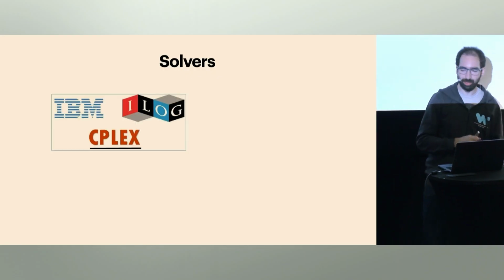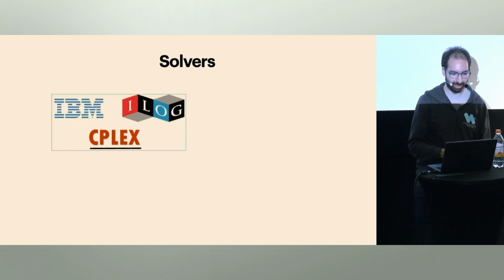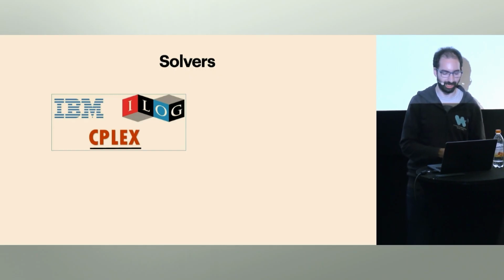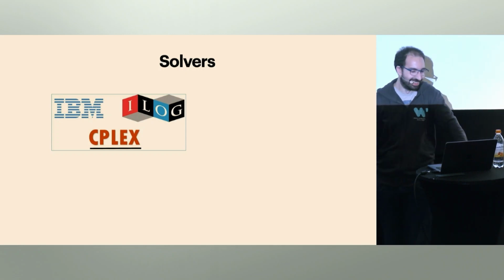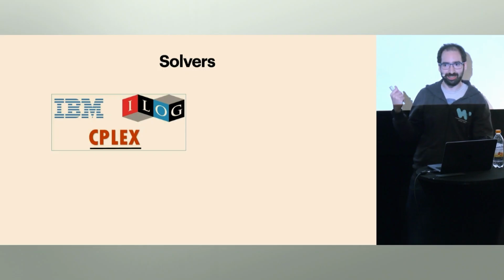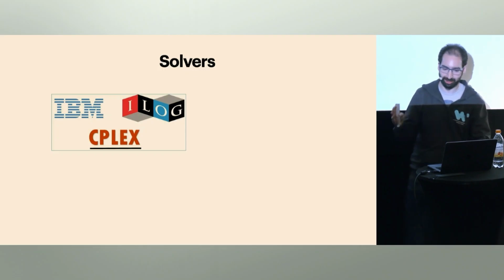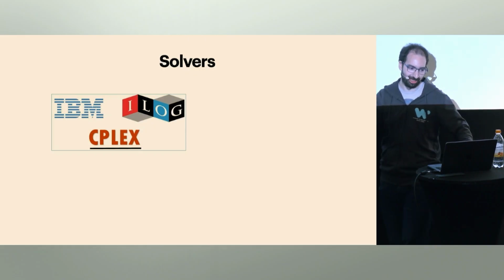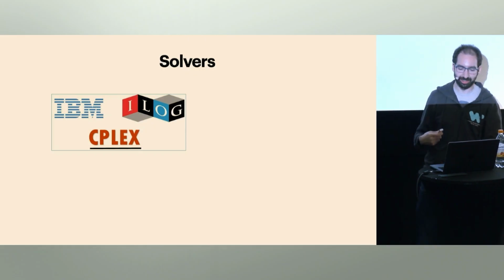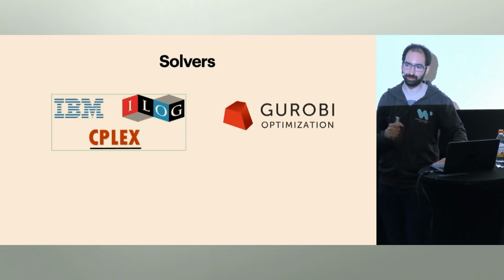The biggest one is the IBM ILOG CPLEX. You can tell it's IBM because the logo has three different names with three different typos, all over the place. It's been around since the early 80s, developed to hell, and it's really expensive and also really efficient. Then there's the new kid on the block in this solver space, which is Gurobi.